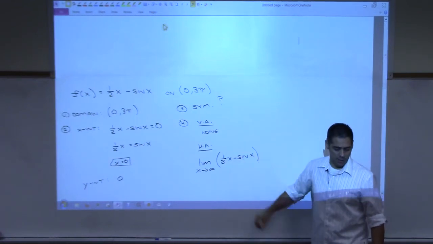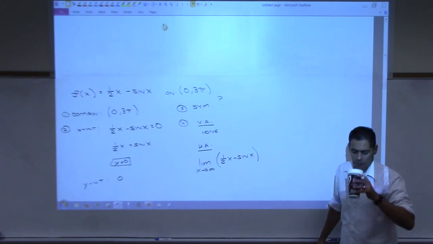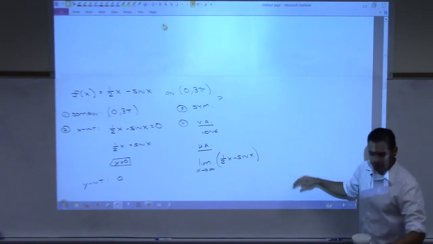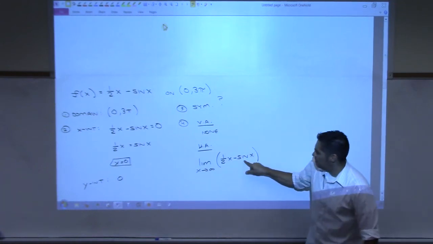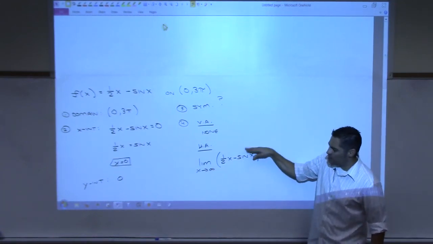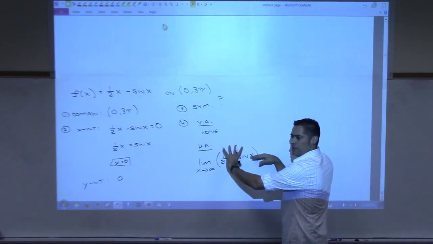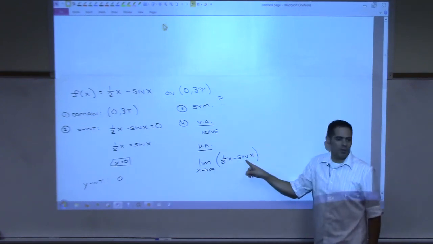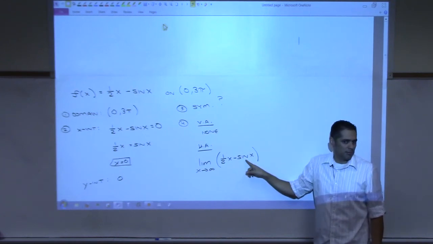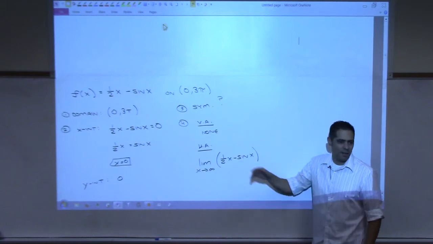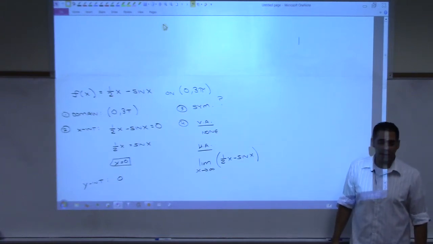Well, sine infinity is not infinity. It oscillates, doesn't it? So this is bounded, isn't it? As I go out to infinity, this just keeps oscillating back and forth between -1 and 1. And this guy's just getting huge, right? So the most this could do is subtract or add 1, and that's not going to affect infinity. So that thing's going to infinity, isn't it?